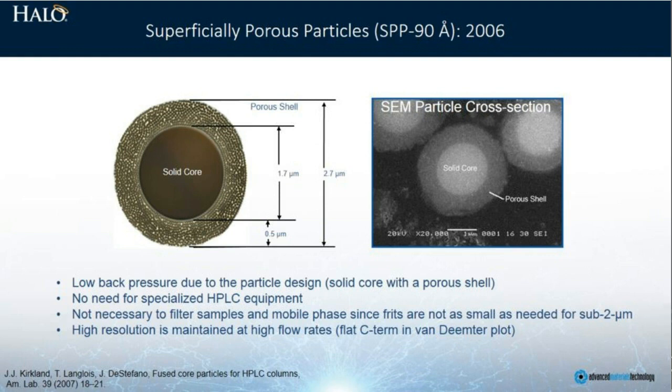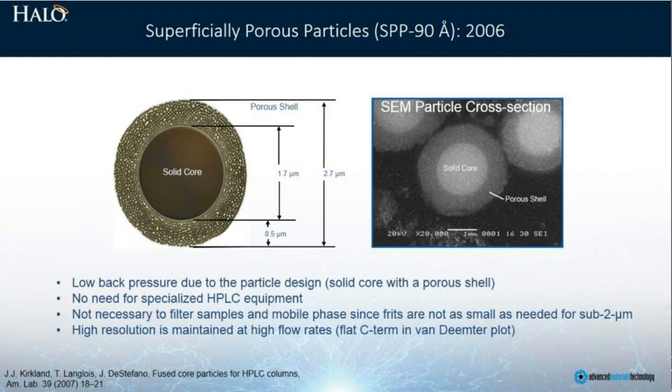In this case, we're showing a 90 angstrom pore size material. And this was found to be quite good for small molecule separations. You can see on the right-hand side, a scanning electron micrograph of a particle that's been sliced so that you can see the solid core at the center of the superficially porous particle, surrounded by a porous shell that supplies the surface area needed for a high-resolution chromatographic separation.